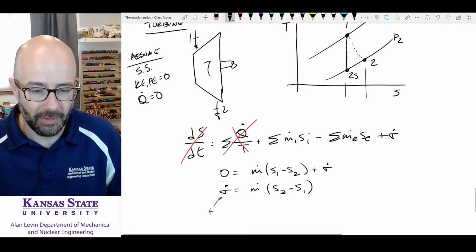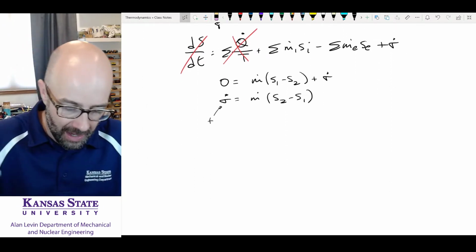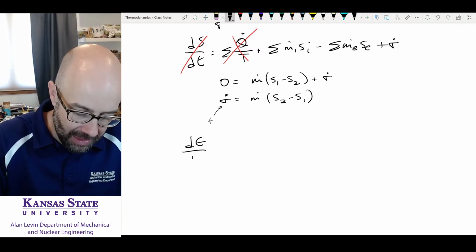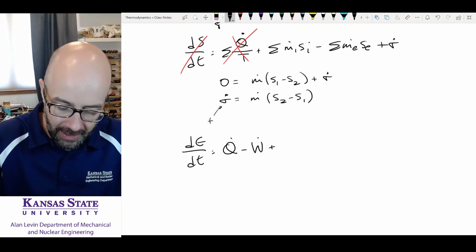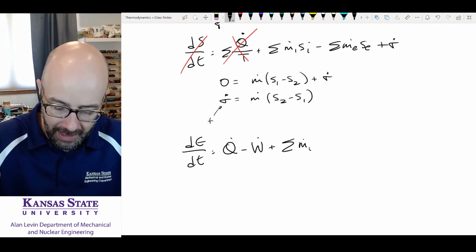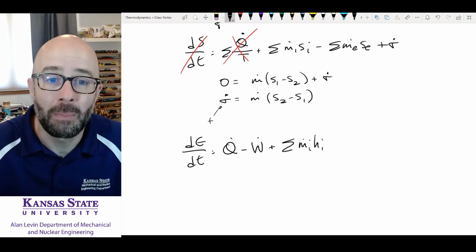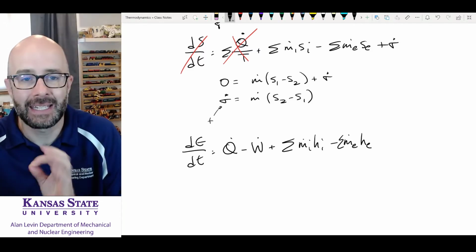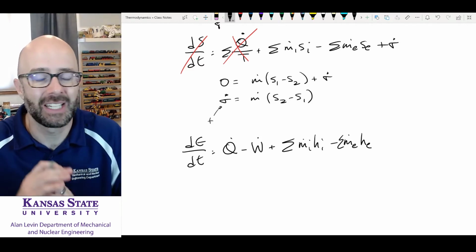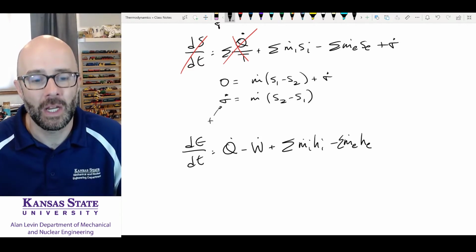Our first law, okay, is equal to Q dot minus W dot plus the summation of my mass flow rate in times enthalpy in minus the summation of mass flow rate exiting times enthalpy exiting. And notice I'm not taking into consideration kinetic or potential energy terms. I'm just eliminating them. I'm simplifying my equation.